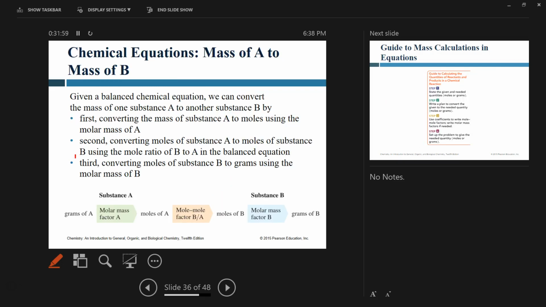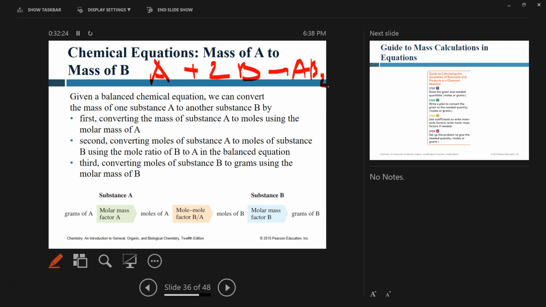So, let me explain what we're going to be doing here. Imagine that you have a substance A that interacts with 2 moles of substance B, producing the molecule AB2. Does that make sense? Those are absolutely hypothetical.